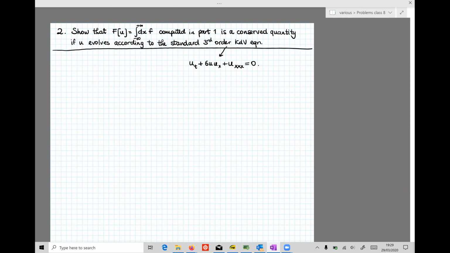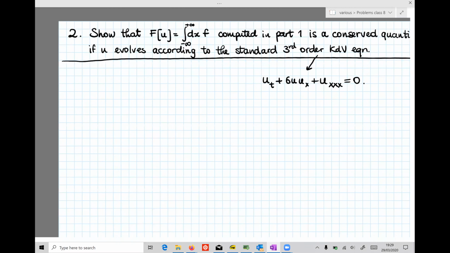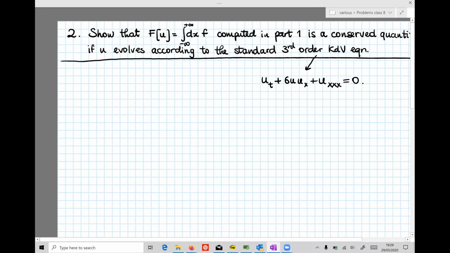The logic here is that we need to show that the continuity equation d rho by dt plus dj by dx is 0 for rho, say, equal to the function f, which we determined above.